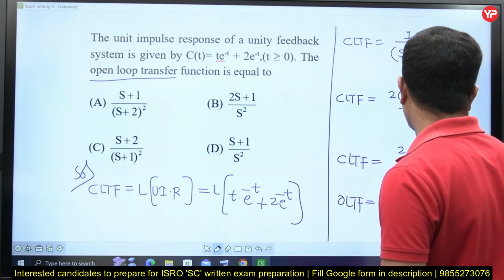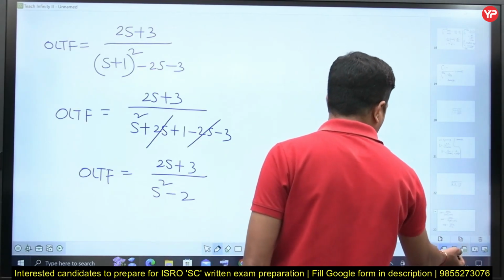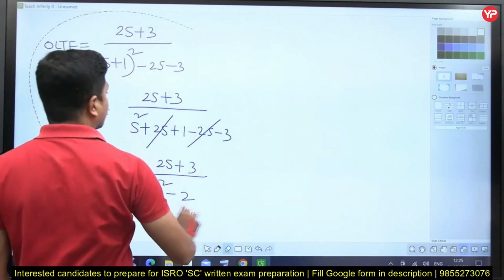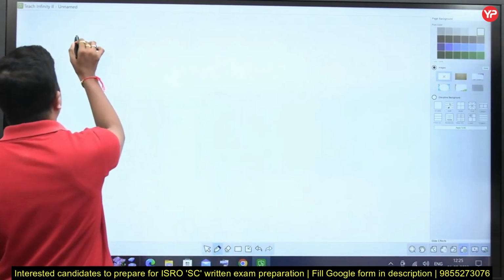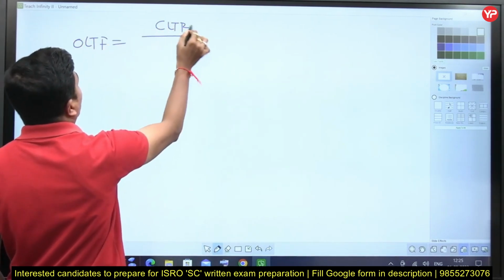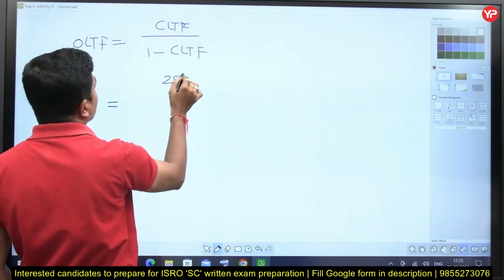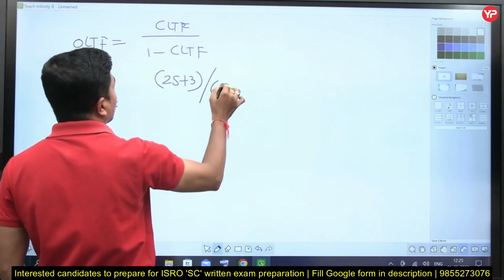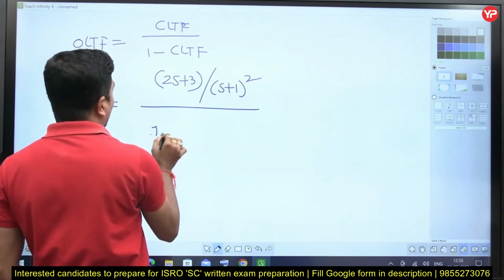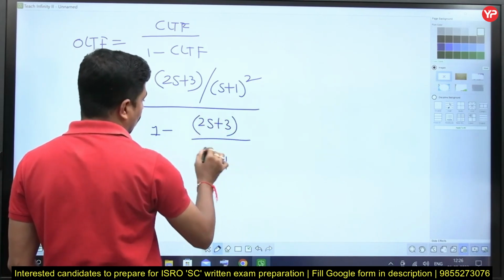Fine. Let's do the simplification again. Observe. OLTF is equal to CLTF by 1 minus CLTF, right? What is CLTF? 2s plus 3 by s plus 1 whole square, by 1 minus 2s plus 3 by s plus 1 whole square.